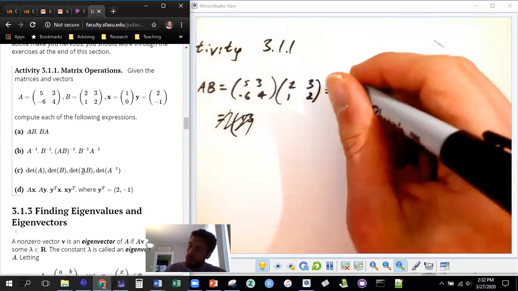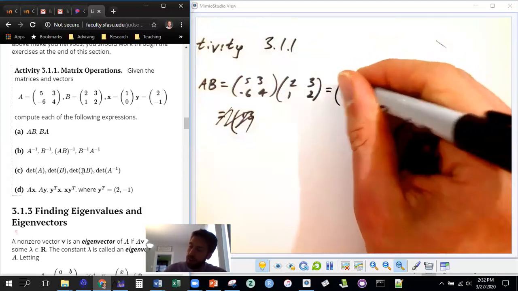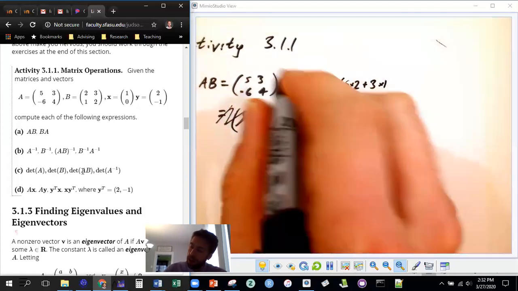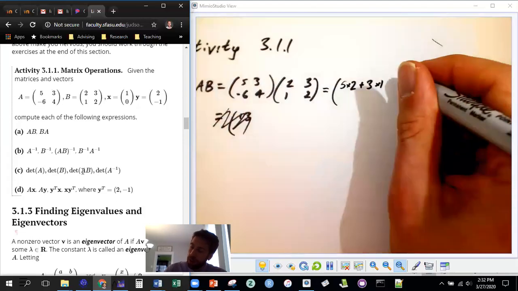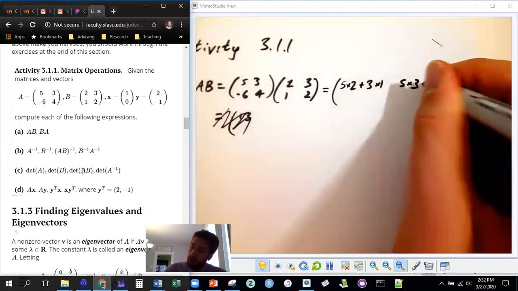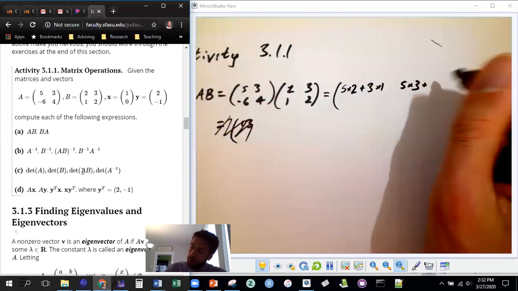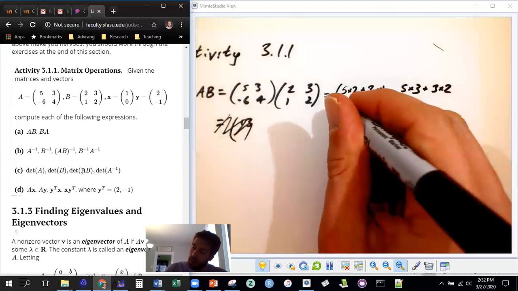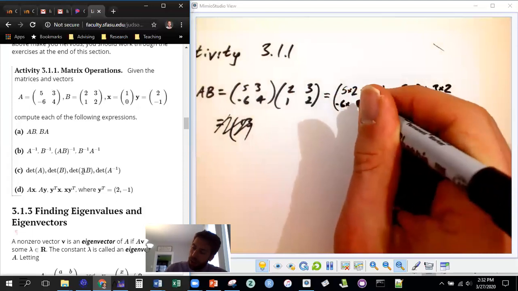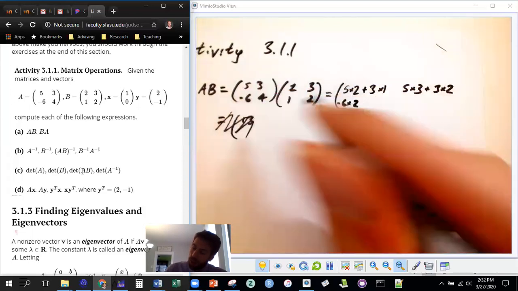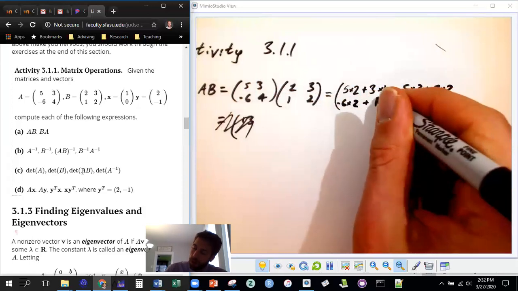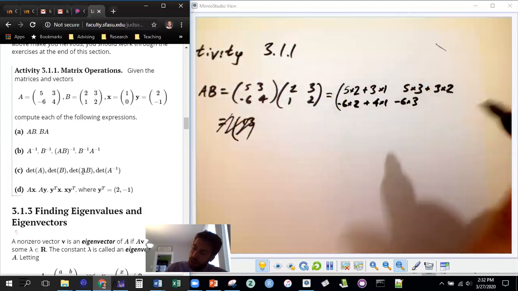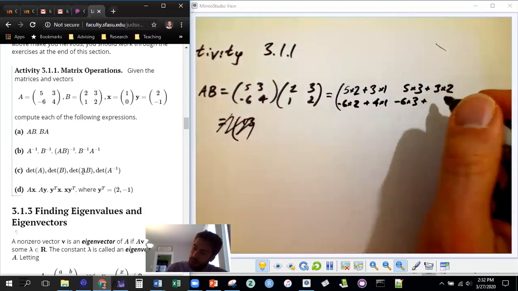So you do row times column. So 5 times 2 plus 3 times 1, and then row times column, 5 times 3 plus 3 times 2. Then bottom row times first column, so -6 times 2 plus 4 times 1. And then -6 times 3 plus 4 times 2.